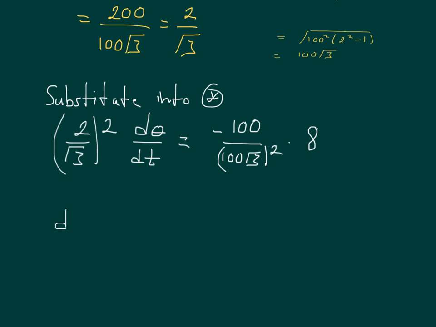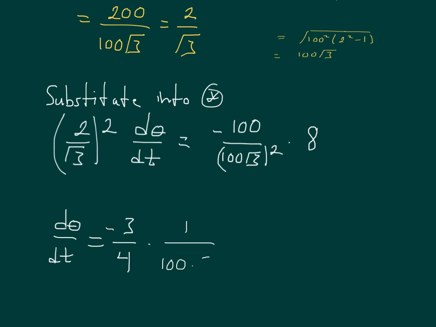d theta dt is going to equal, well, here I have 4 thirds, and so multiplying both sides by 3 quarters, I'll have 3 quarters over here times, we've got a 100 here, you can cancel with one of these hundreds down here. I've got that negative, so maybe I'll put that negative out in front. So negative and 1 over, canceling one of the 100s, I'm left with 1 over 100.